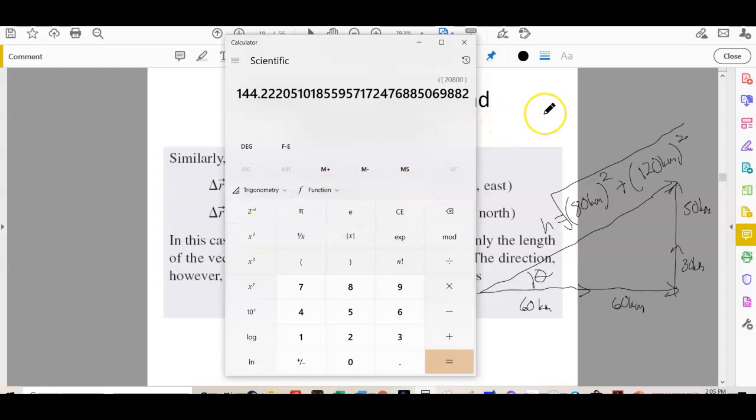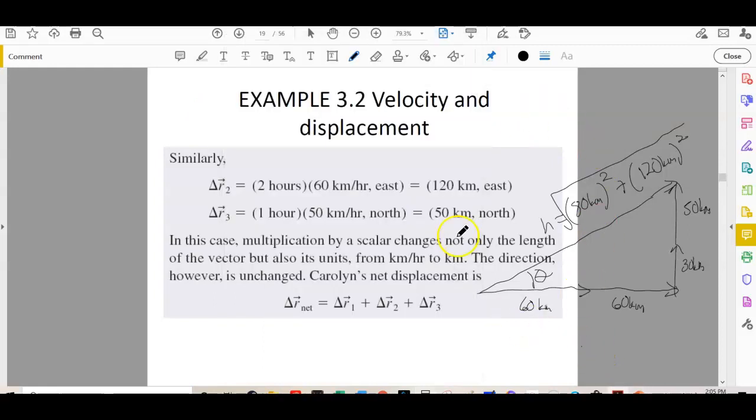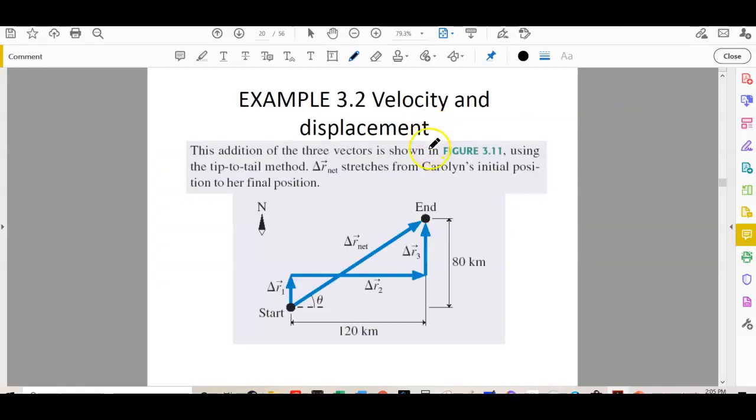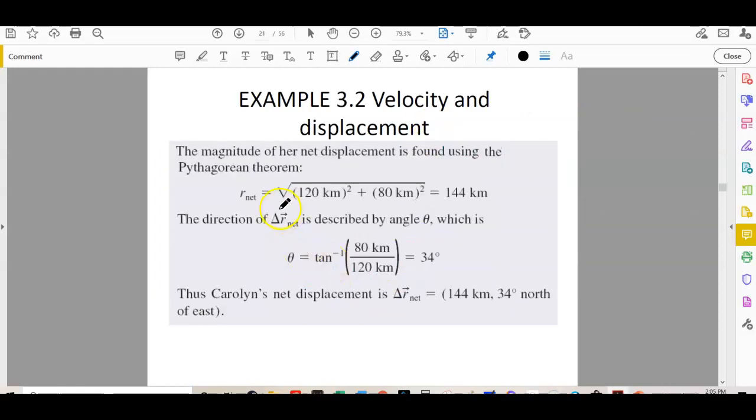So this is 144. It was about 12 times 12, so 144.22. So this displacement, her total displacement from beginning to end, should be 144.22 kilometers. Okay, and that's exactly what they're doing here, aligning them.